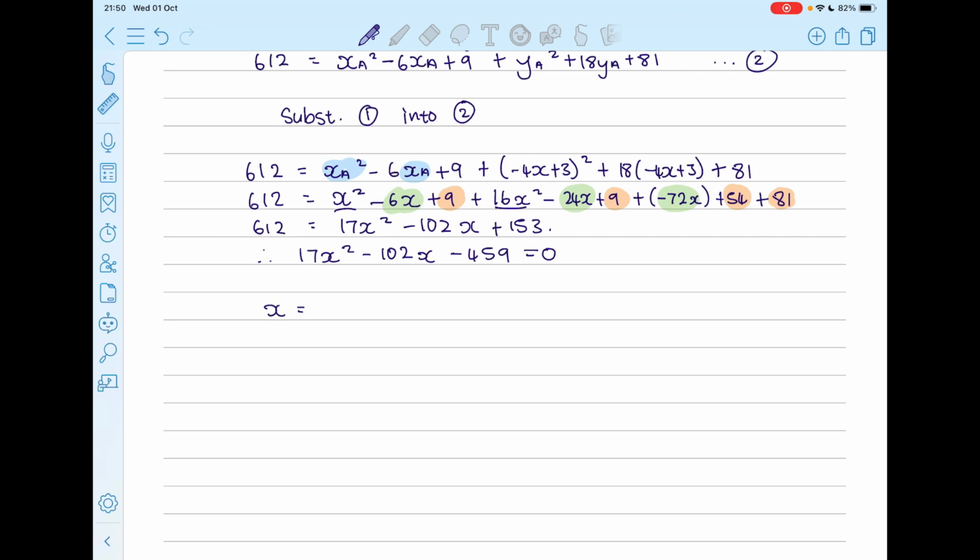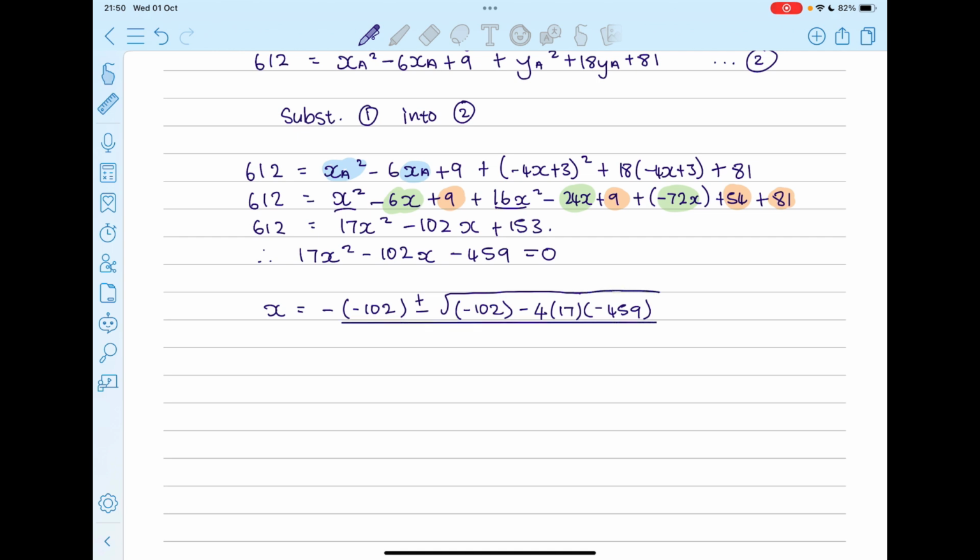So x will be equal to negative b, which is negative 102, plus minus the square root of b squared minus 4ac, all over 2a.